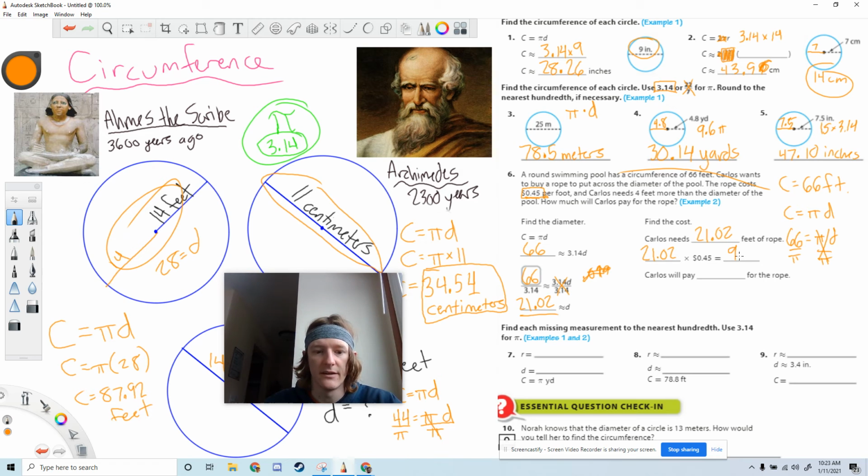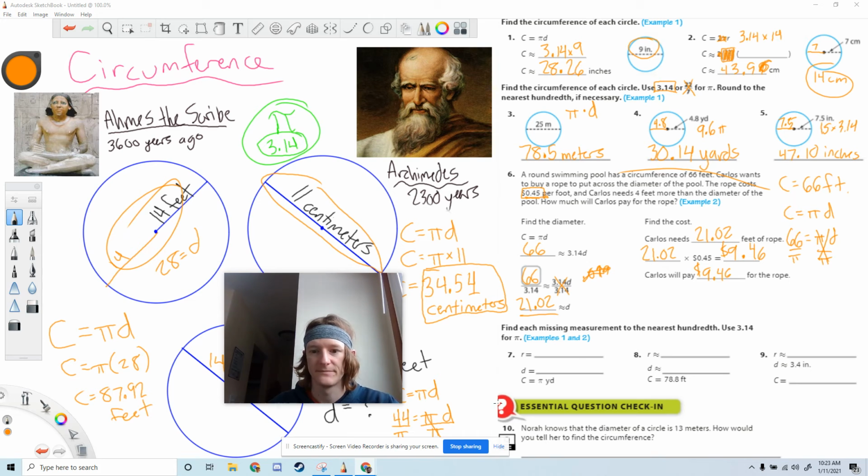We're going to get $9.46. So he's going to pay $9.46 for the rope. Kind of a tricky problem. Don't worry, you're not going to have one that crazy on your homework.